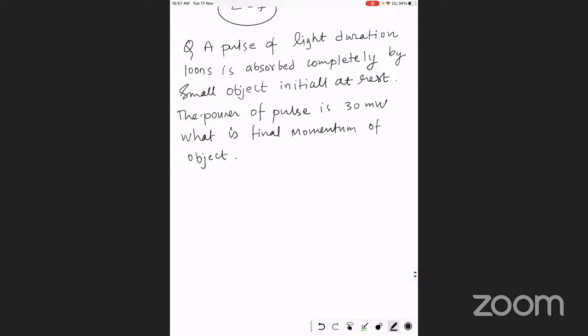Any idea? There is a small object which is initially at rest.